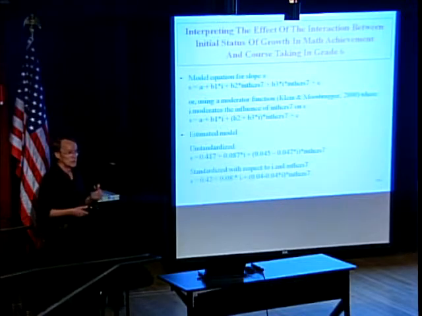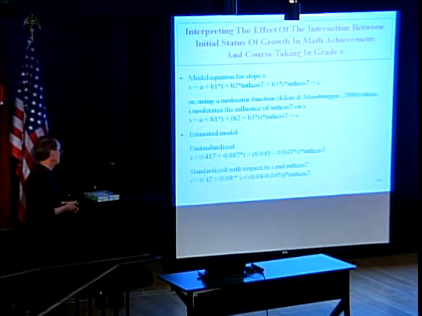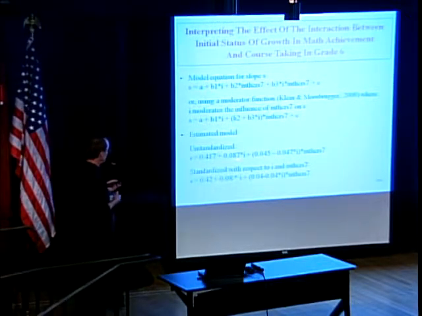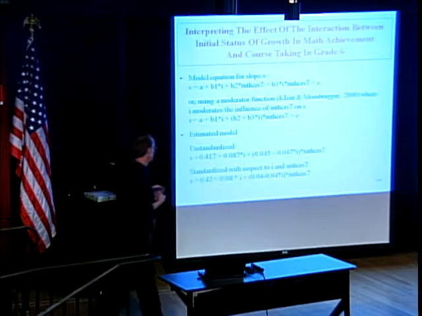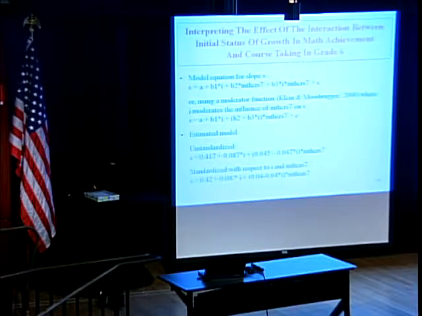And standardized with respect to right-hand side variables, independent exogenous X variables, means that we multiply by their standard deviations. So this coefficient, 0.087, gets multiplied by the standard deviation of I to get this standardized value. And likewise, the math course taking 7 coefficient gets multiplied by the standard deviation of math course taking to get this standardized value. In this case, I just did that by hand, actually.